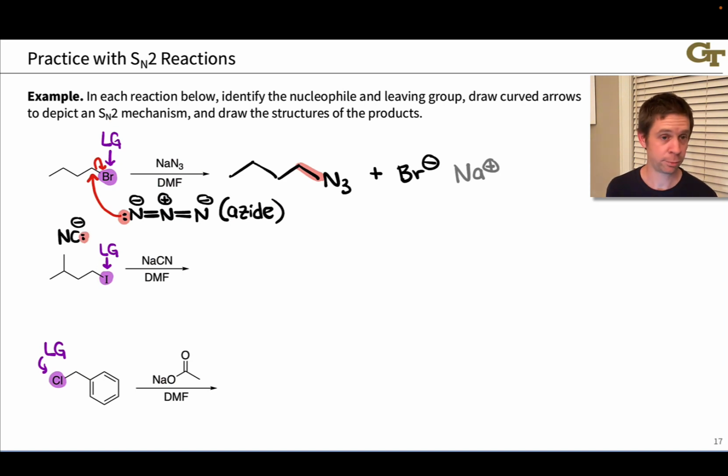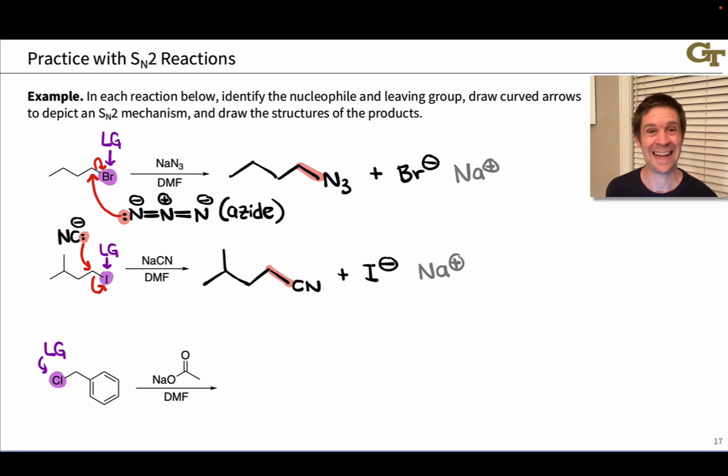As we did in the previous case, we're going to use a lone pair at that carbon to form a bond to the electrophilic carbon in the alkyl iodide and break the carbon-iodine bond toward iodine, making I- and this alkyl cyanide, where again the new bond highlighted in red came from this pair of non-bonding electrons in the cyanide anion. The byproduct here is NaI, sodium iodide, Na+ and I-, where again Na+ was just a spectator ion through this entire thing.